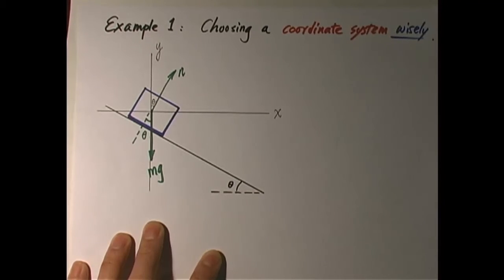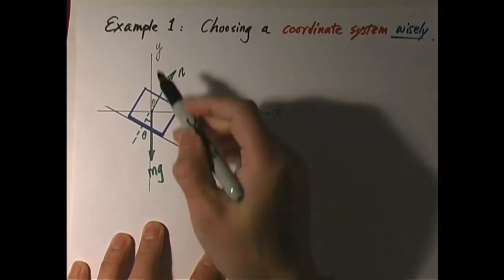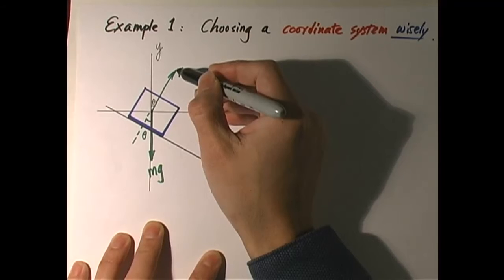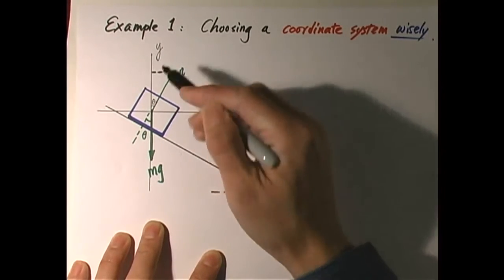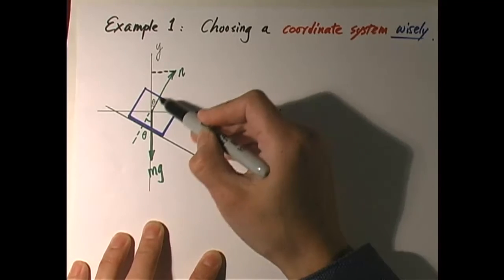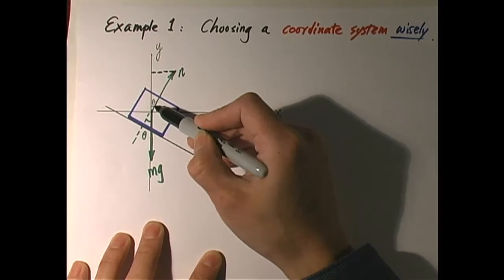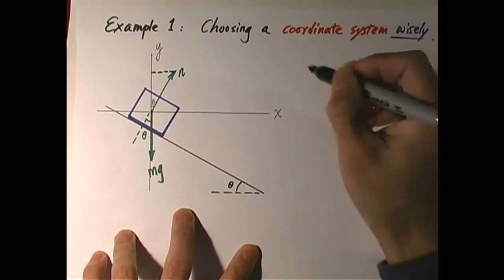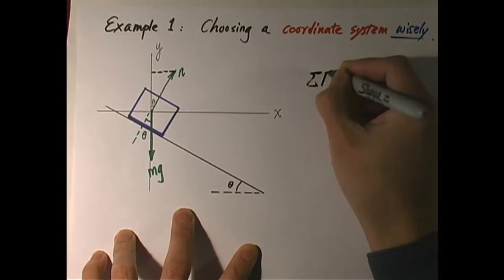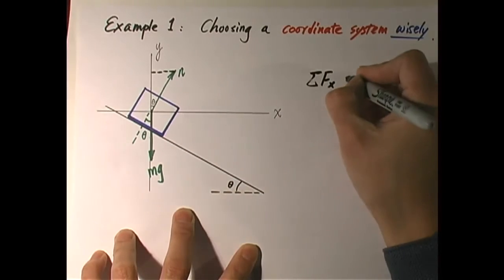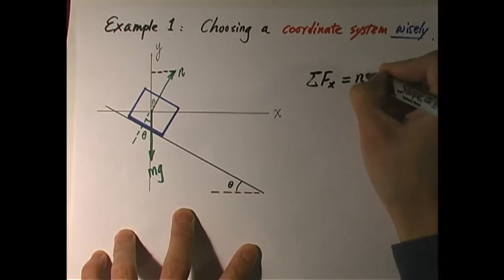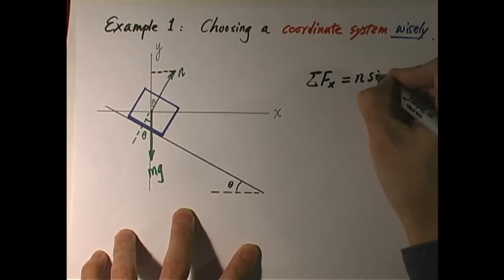First of all, what happens in the x direction? In the x direction, which is the horizontal direction, this force N has a horizontal component. How much is it? Well, this is N, the hypotenuse, and the angle is theta. So obviously, the sum of force in the x direction from N would be simply N times sine theta.